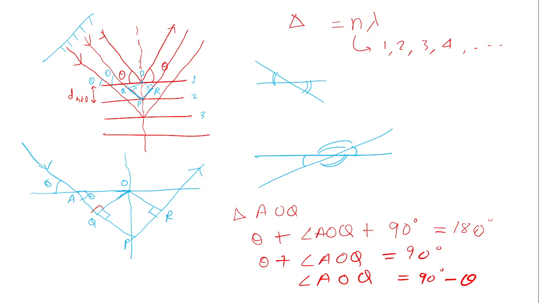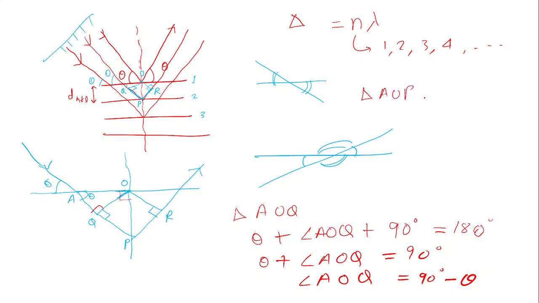In this triangle, this is also a right angle triangle, right? This AOP, here this is 90 degree because I told you this is my plane and I am drawing a normal on it. So this is also 90.